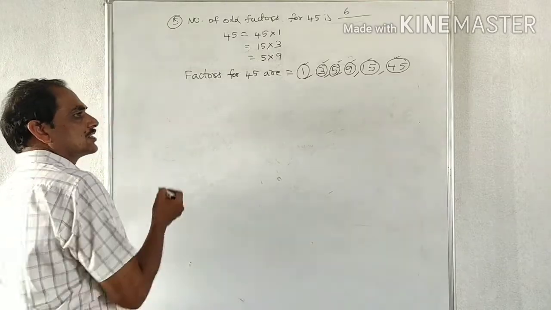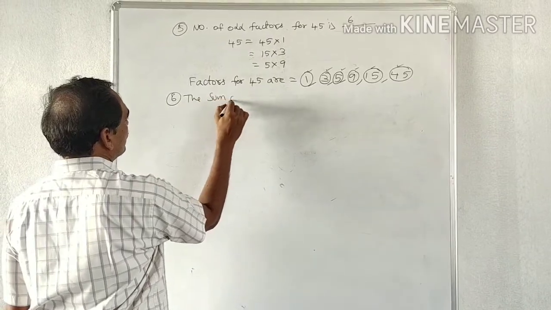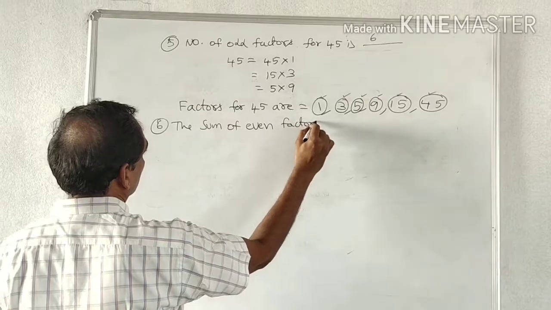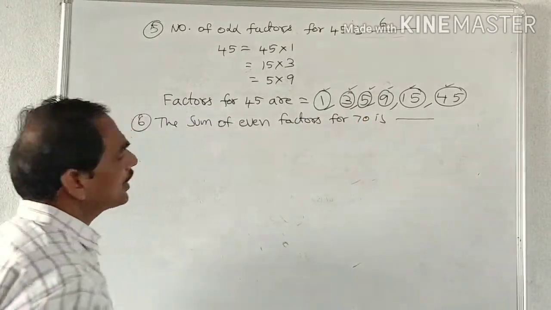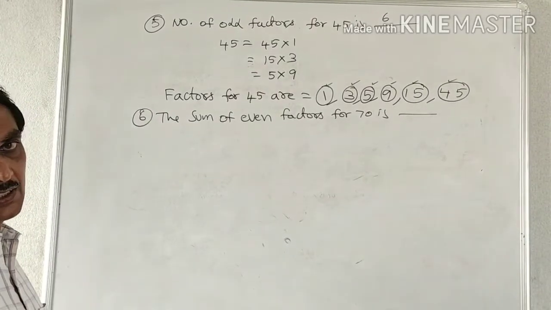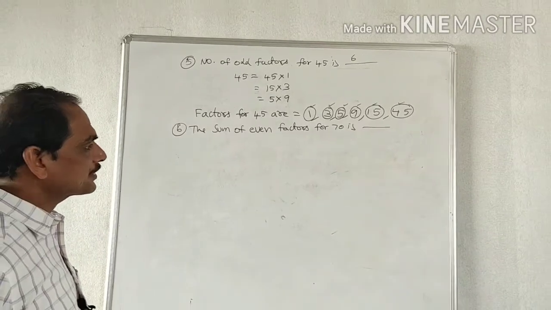Next, the sum of even factors for 70 is dash. These are different types of problems; each and every one is a little different. So the sum of even factors for 70.